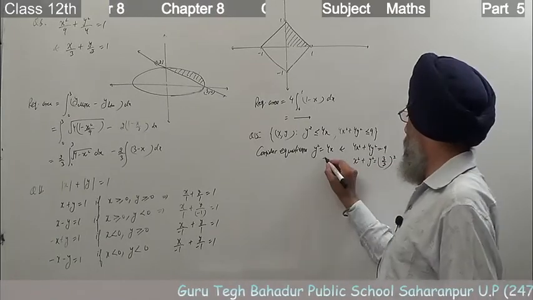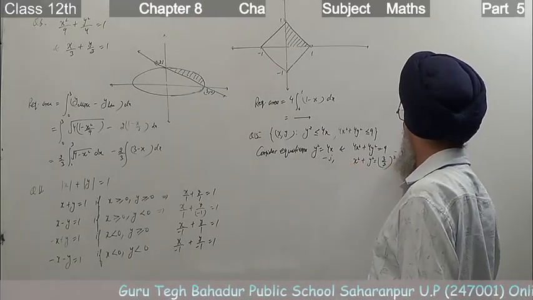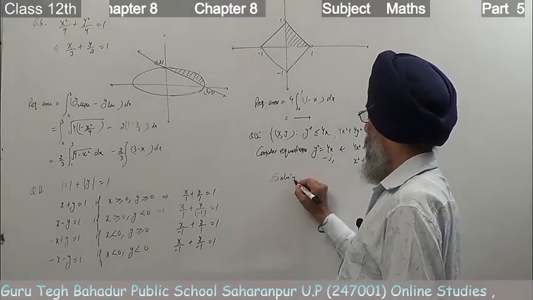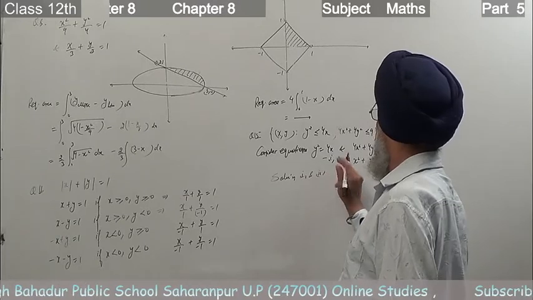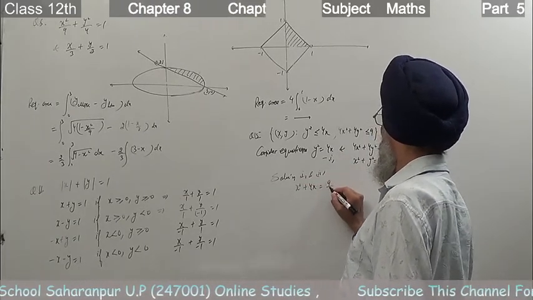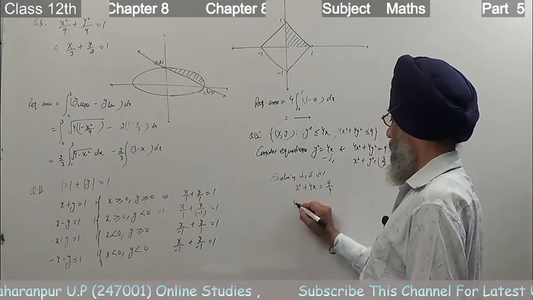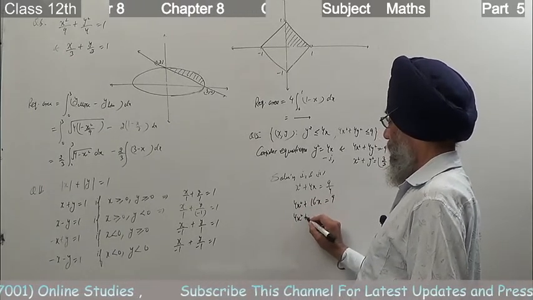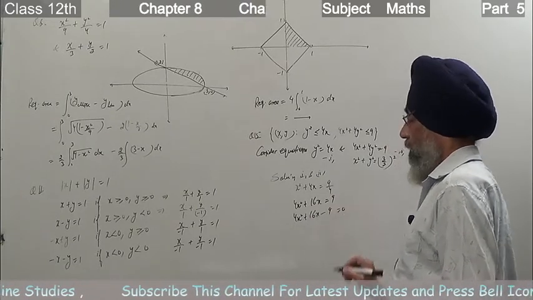Solving the first and second, we get 4x square plus 16x minus 9 is equal to 0.